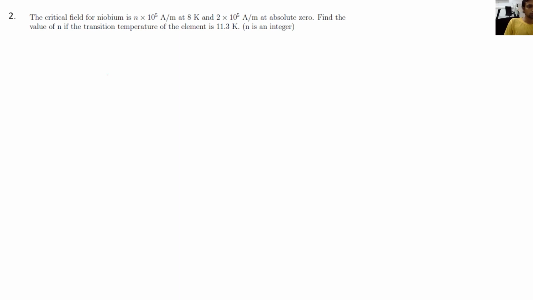Here, in the second question, the critical field for niobium is given in ampere per meter, so we have to take Hc equal to n into 10 to the power 5 ampere per meter at 8 Kelvin, and at absolute zero, at T equal to 0 K, Hc0 is equal to 2 into 10 to the power 5 ampere per meter.